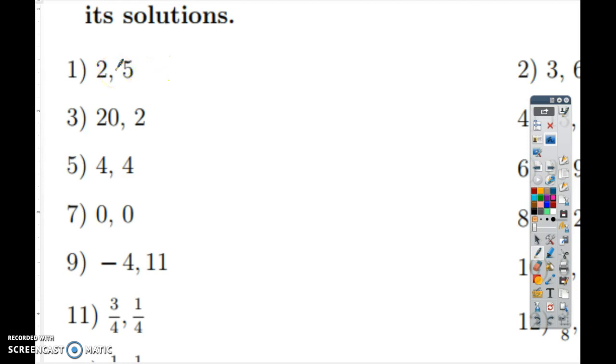So if your solutions are 2 and 5, then that means x equals 2 is a root, and x equals 5 is the other root. So what we need to do is we need to make them into factors.